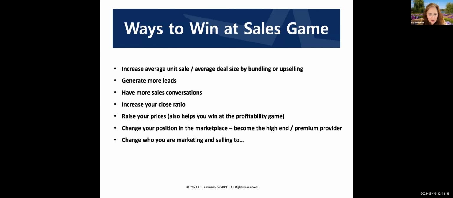And so you can change your positioning to premium. You can charge more when you're a premium provider, and you can change who your avatar client is. You might say, oh, this avatar client that I had, it isn't really working out. They aren't able to buy enough. So I'm going to shift to a higher end provider.